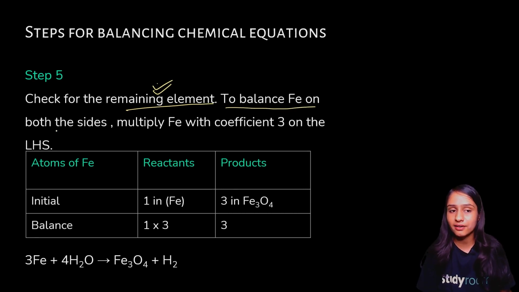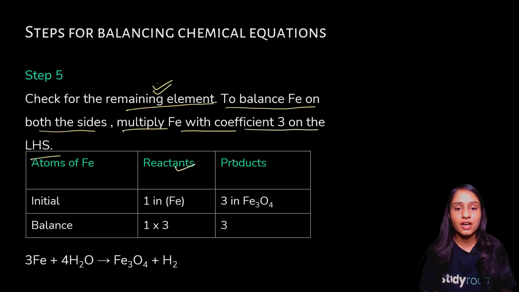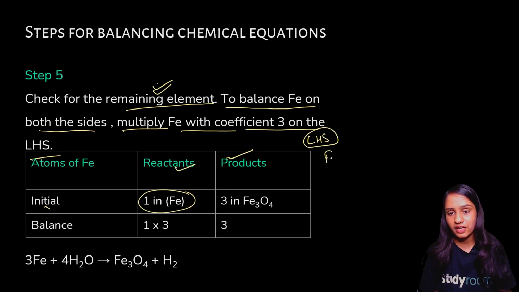To balance the iron on both sides, multiply Fe with coefficient 3 on the left hand side. So the reactant and product. Initially the left hand side was having only Fe.